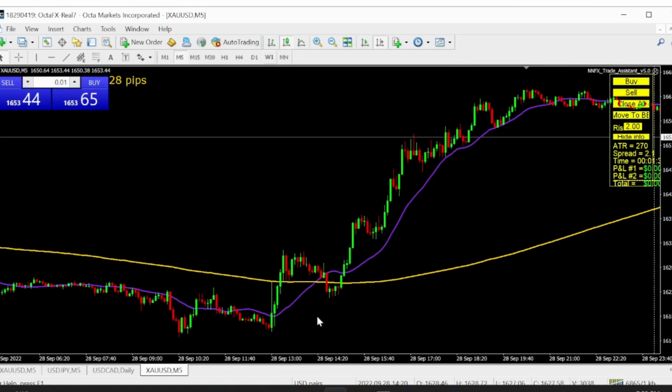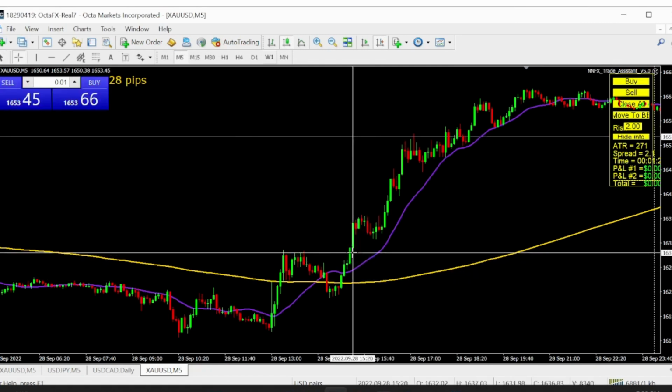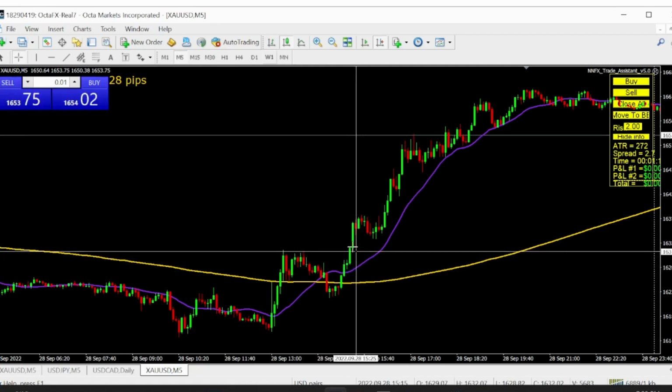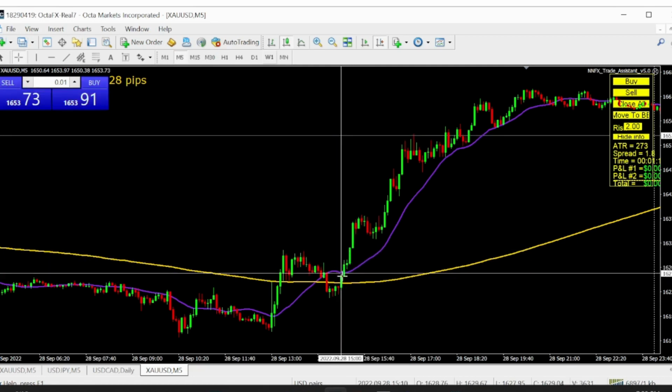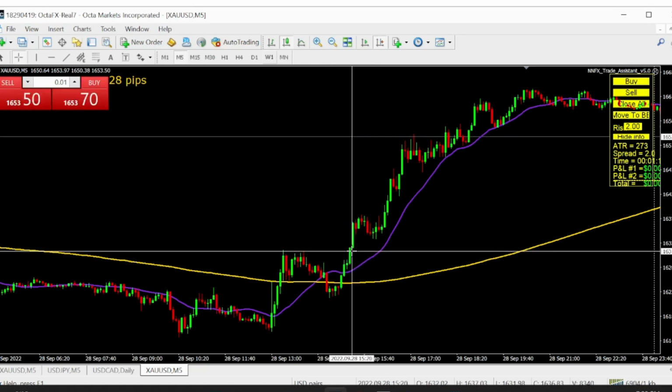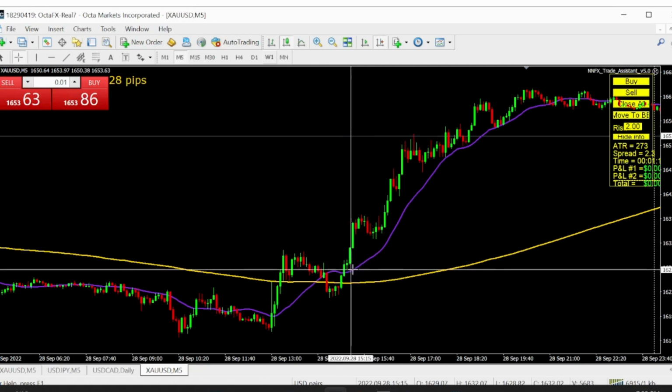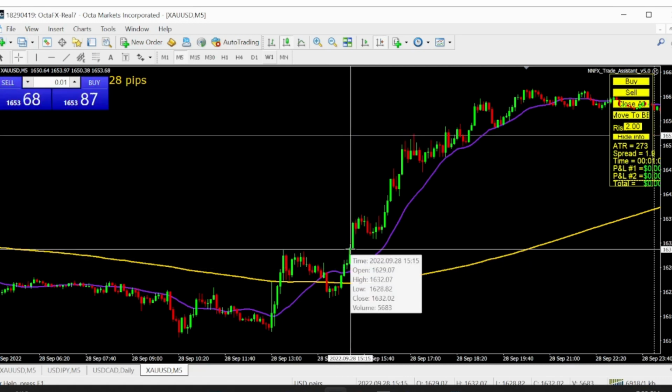So look at here. Here we find an elephant candle. What do you mean by an elephant candle? A comparatively bigger bullish candle which is formed near the moving average is called an elephant candle. Alright. So here we find an elephant candle. So this can be our entry candle.